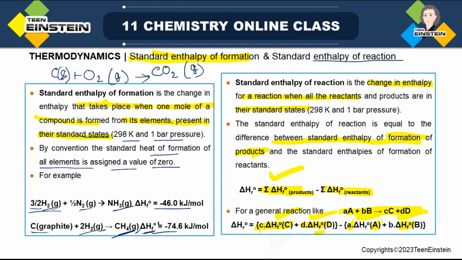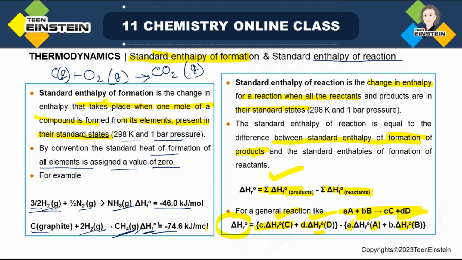And finally, after calculation, you will know the enthalpy of reaction for this reaction, aA plus bB equal to cC plus dD. We have taken a general reaction so that you can get clarity on how to do the calculation.